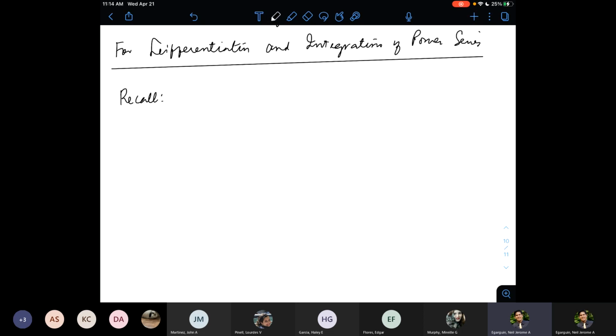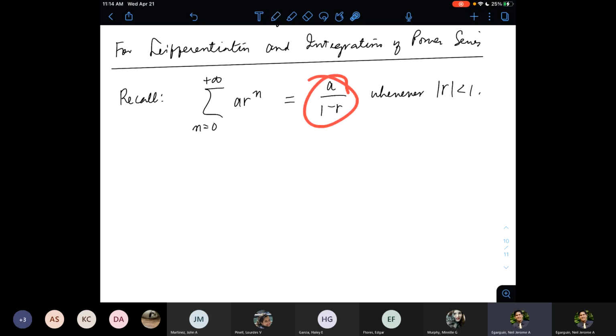Remember that if you have the sum of ar to the power n going from 0 to positive infinity, we said that this is equal to a over 1 minus r whenever the absolute value of r is less than 1, right? So we can use this result for geometric series to come up with a series expansion for functions of this form.